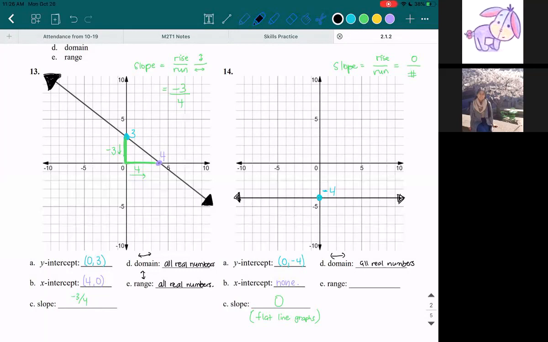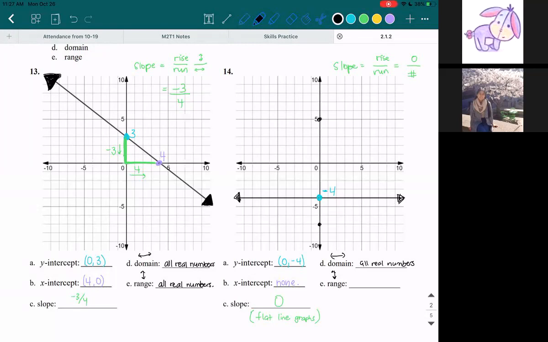And then the range is the up and down direction. Our graph doesn't move up and down at all. Our graph only stays flat. So we must talk about the range. We cannot say it's all real numbers because the range doesn't go up to 5. It stays at -4. The range doesn't go down to -7. It stays at -4.